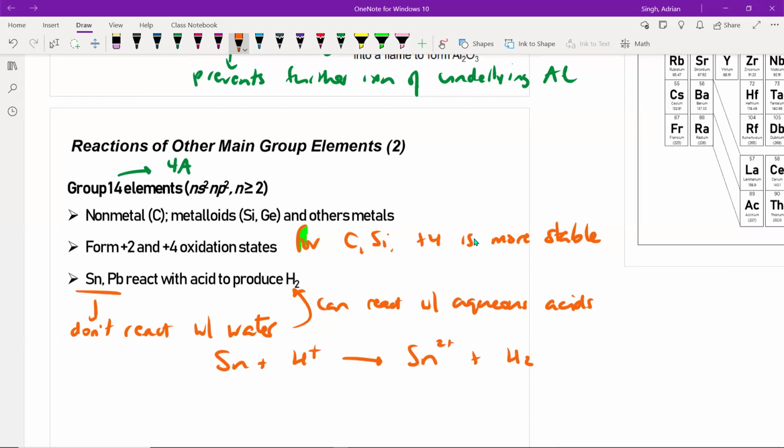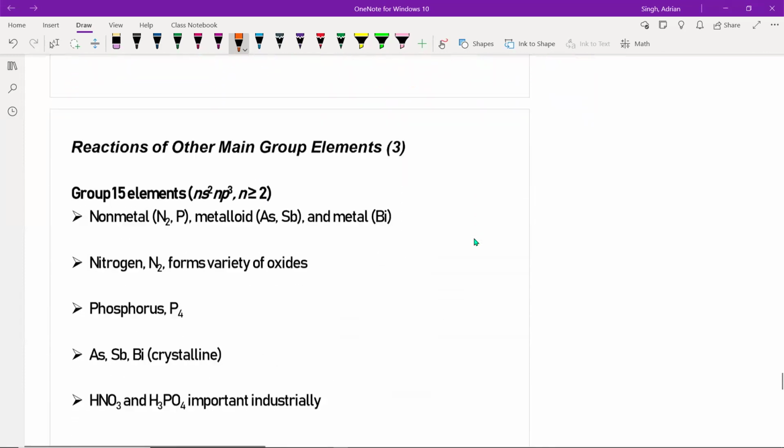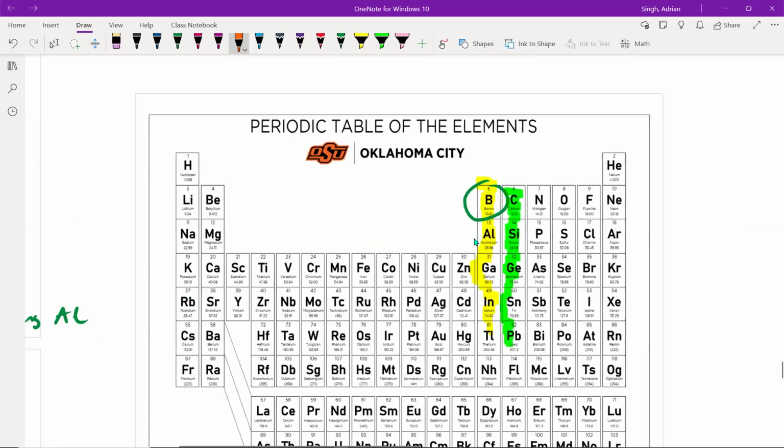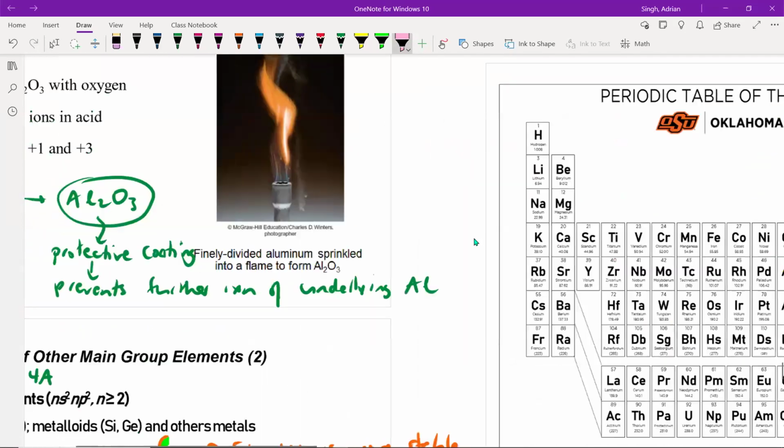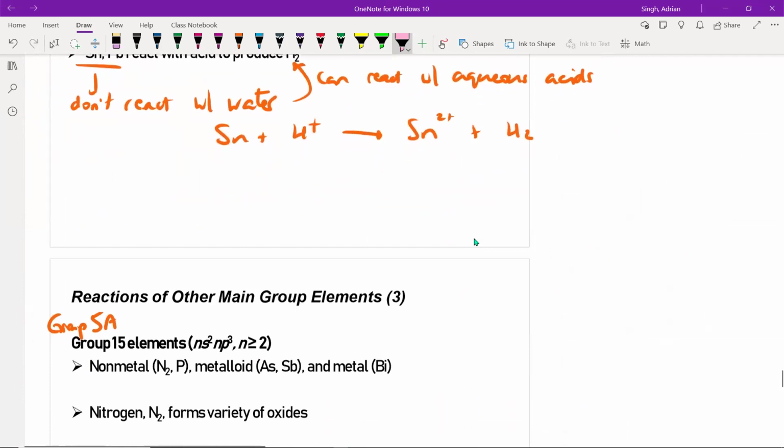The next group, group 15, which will be the group 5A elements, these have 5 valence electrons. Okay, and that would be the group that contains nitrogen and phosphorus, arsenic, antimony, bismuth. Those are all in group 5A.